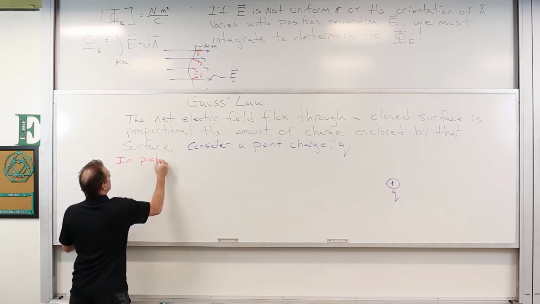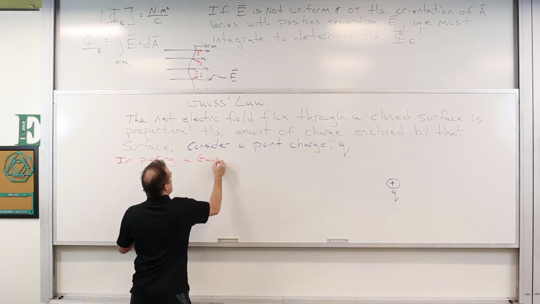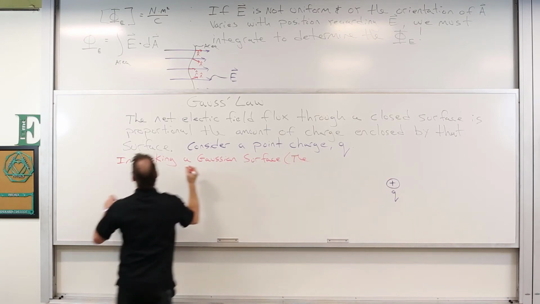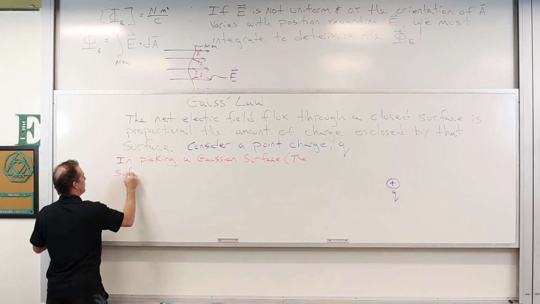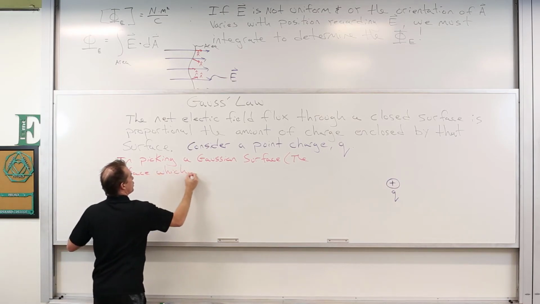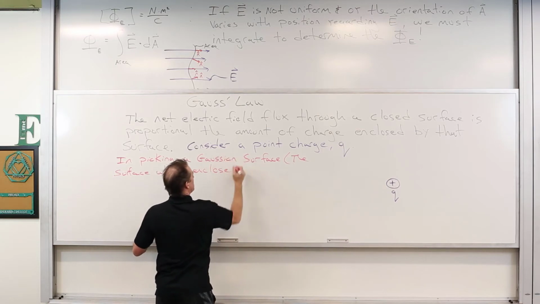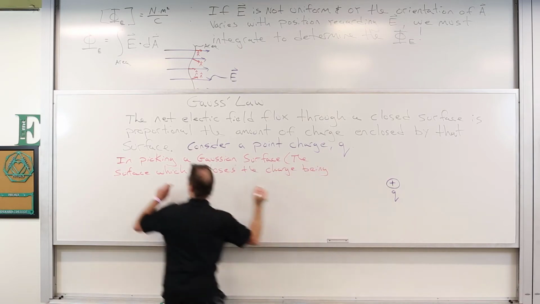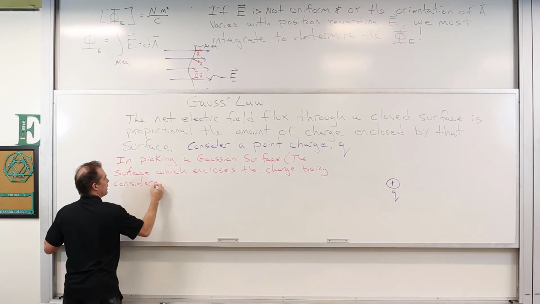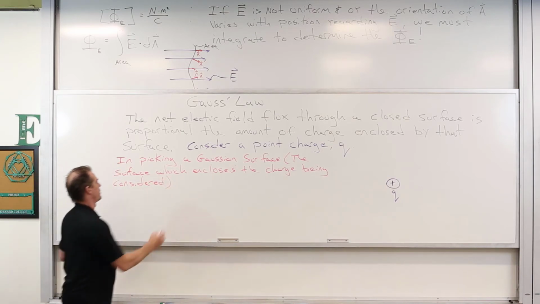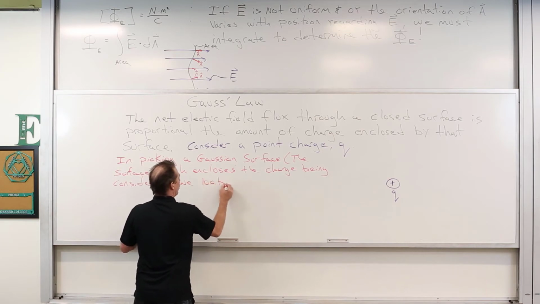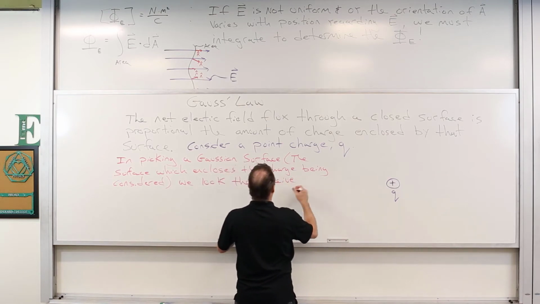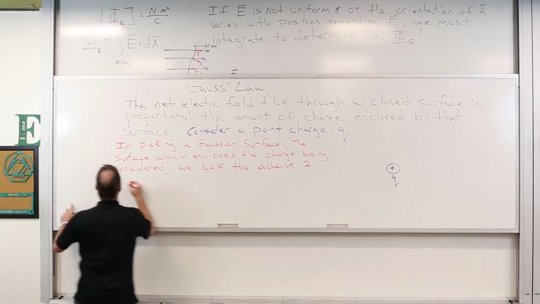In picking a Gaussian surface, which is again the surface that encloses the charge being considered, we look to achieve two things.